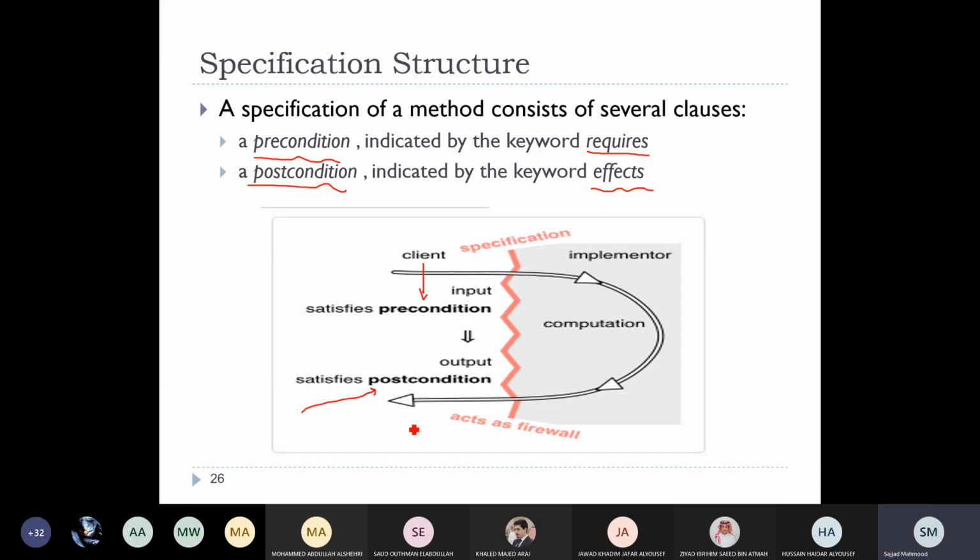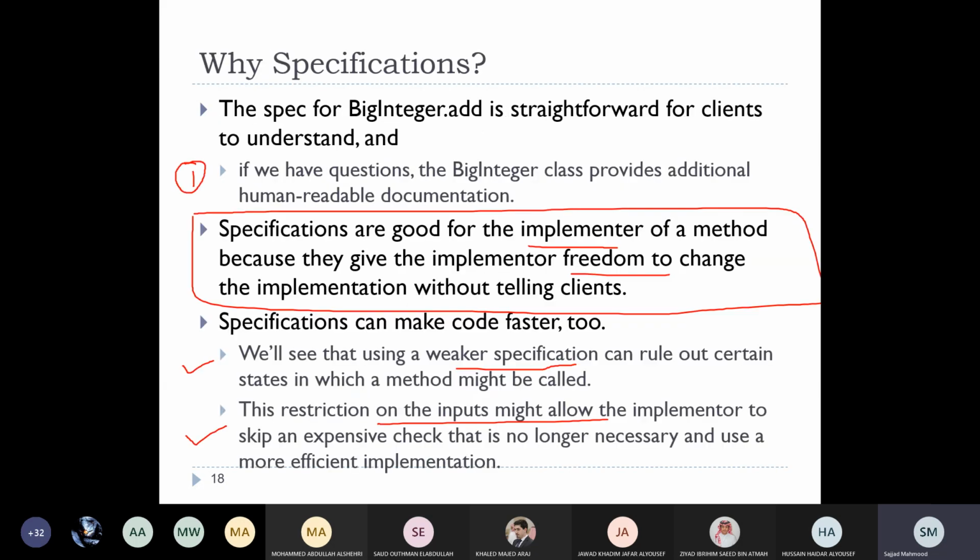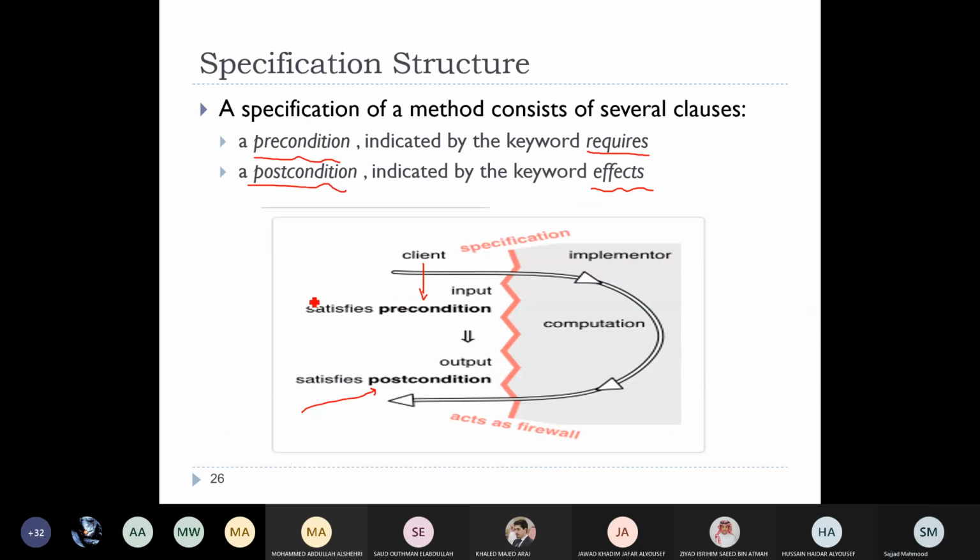Right. So now let's go back to the point where I left. I said I'll come back to it. Now, the restriction on the input might allow the implementer to skip an expensive check that is no longer necessary and use a more efficient implementation, right? Now, if the precondition is not satisfied, as Muhammad said, he may have to go and check whether the precondition is satisfied or not.